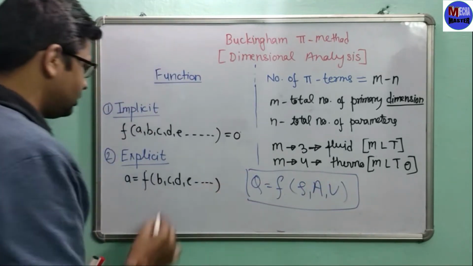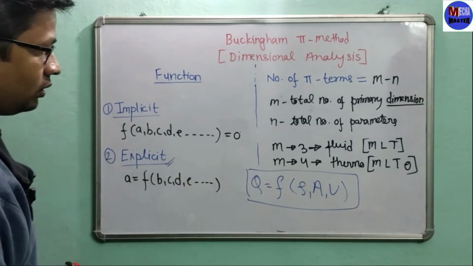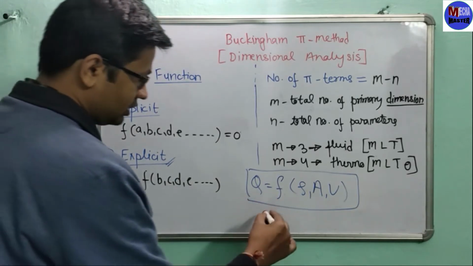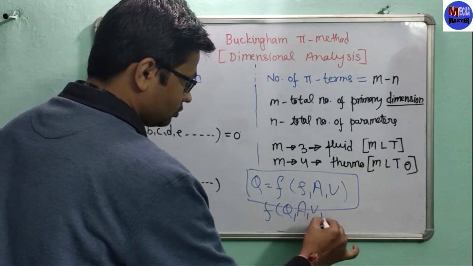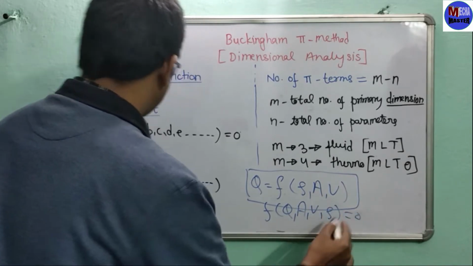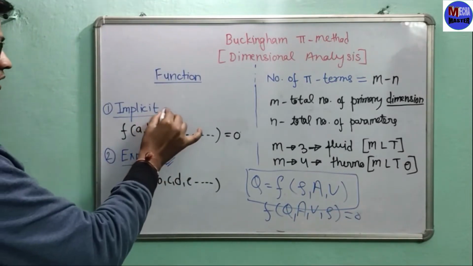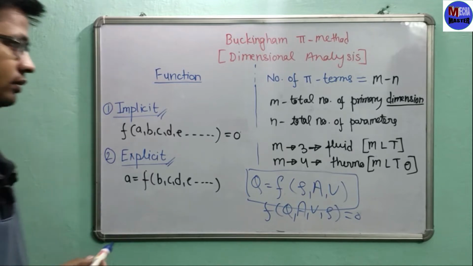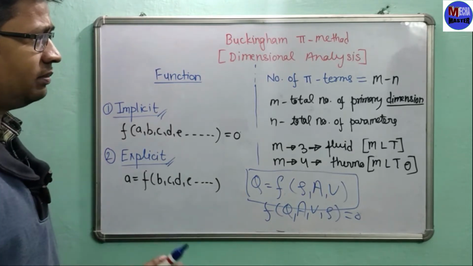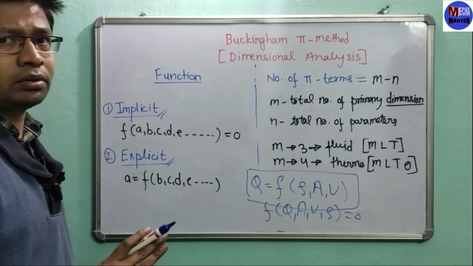This is called explicit function, or you can simply write in this form, and this is called implicit function. You can write any one of the two, either in implicit form or in explicit form. These are the very basics that you need to know.